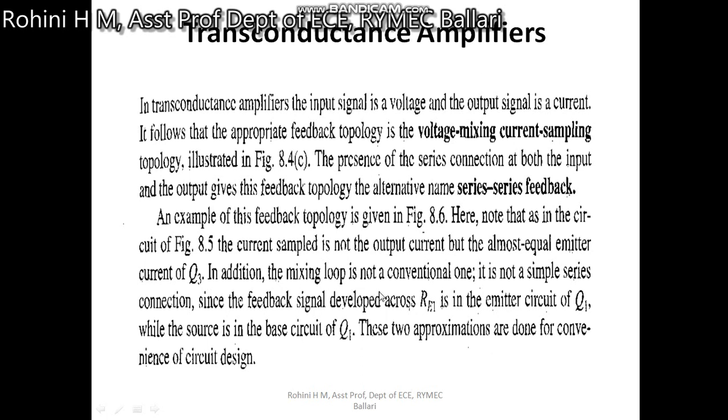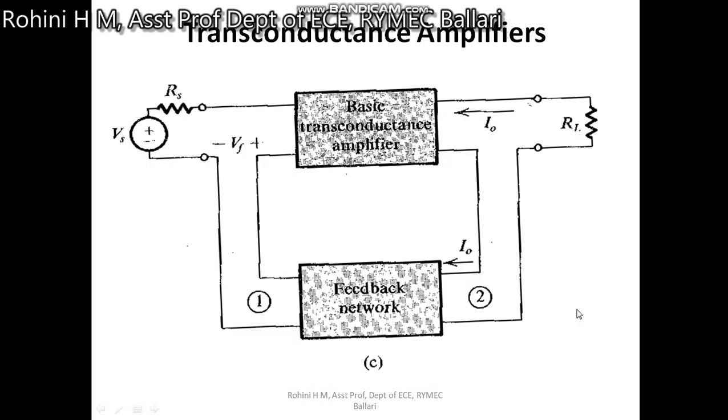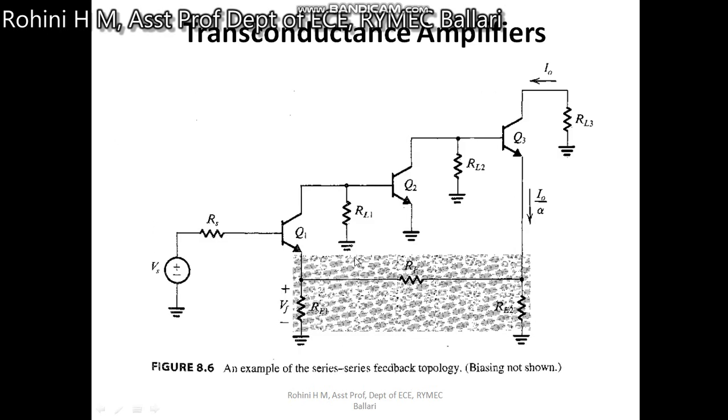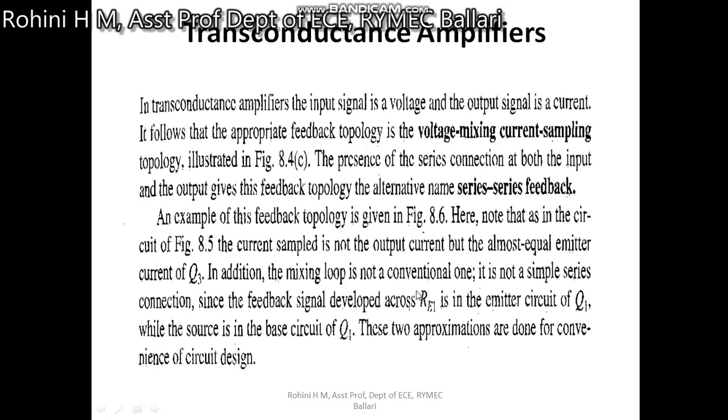In addition, the mixing loop is not a conventional one. It is not a simple series connection, since the feedback signal is developed across RE1, the emitter resistance in the emitter circuit of Q1, while the source is in the base circuit of Q1.